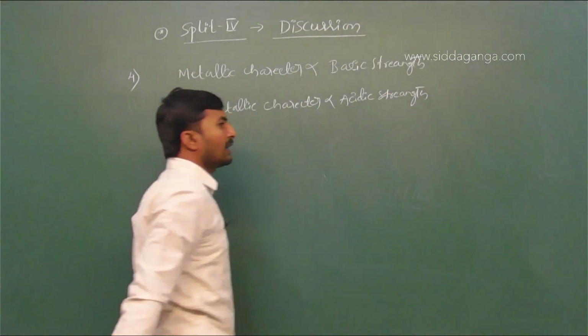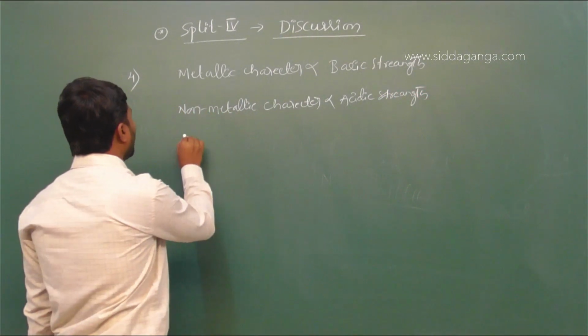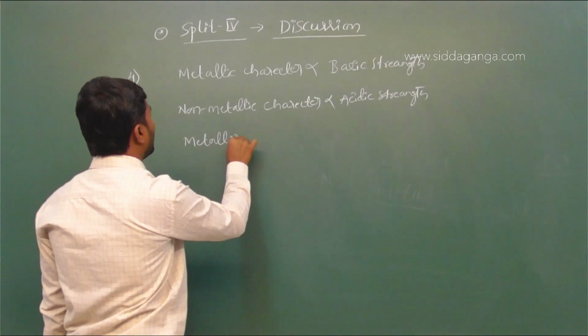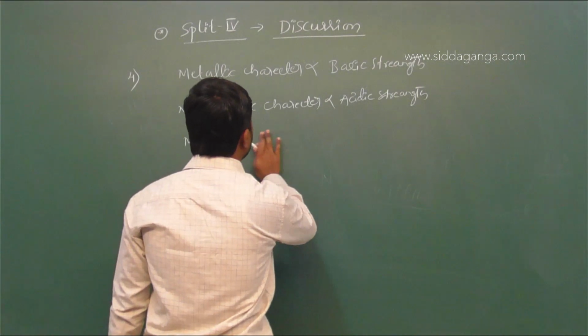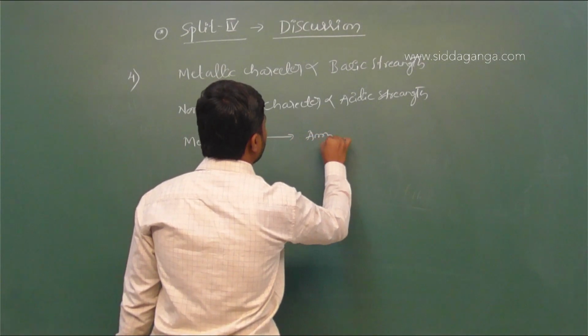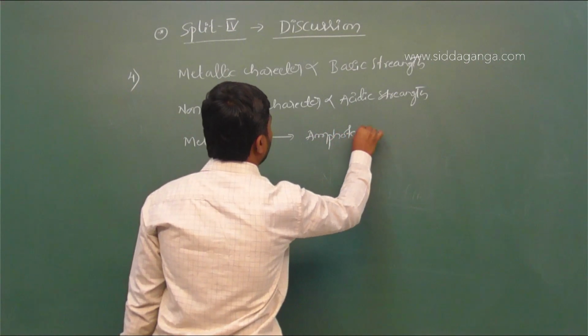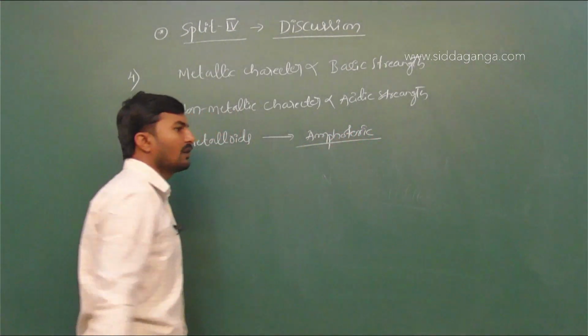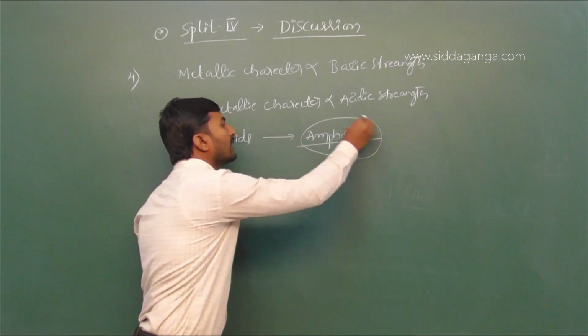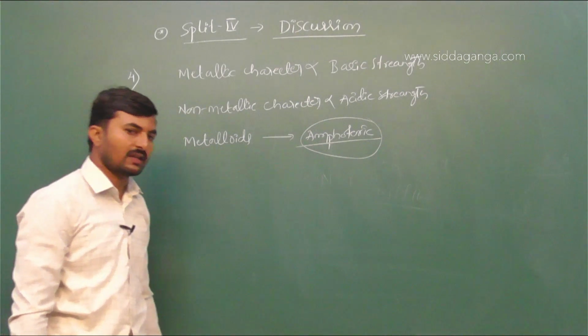And one more category is there, that is regarding the metalloids, the elements which behave as metalloids, which neither behave as acids nor behave as bases, and such compounds we can call amphoteric substances or amphoteric oxides.